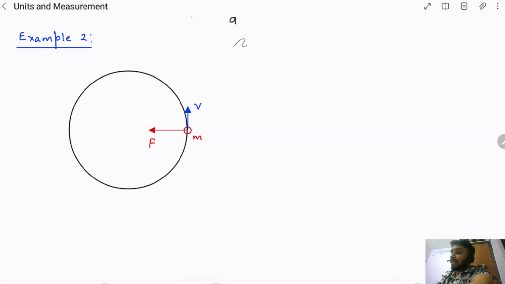And it is given that this force depends on the mass of the object, speed of the object, and radius. So based on this information we need to derive a formula for this force.